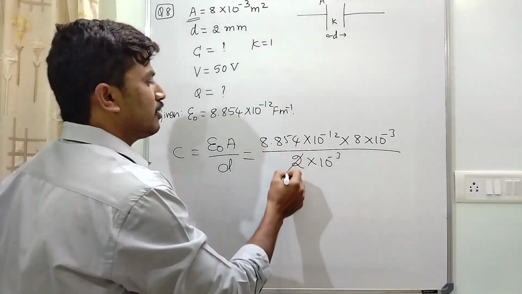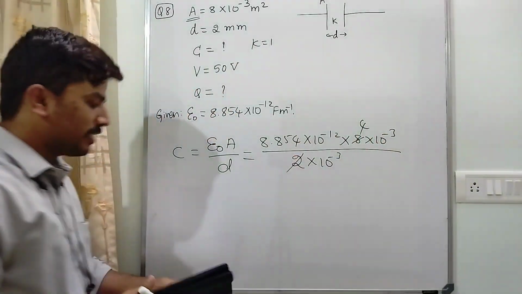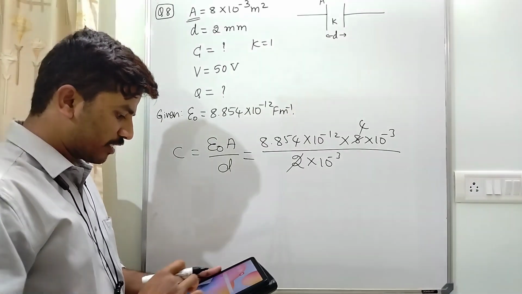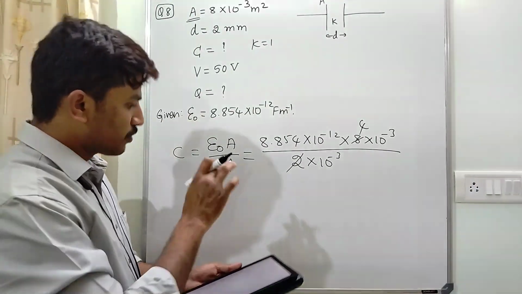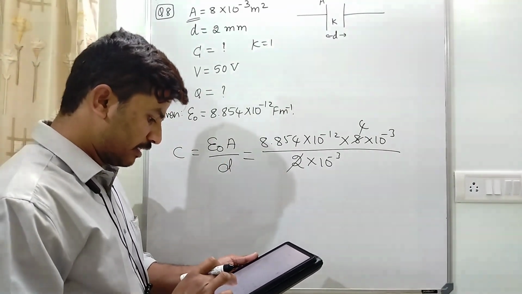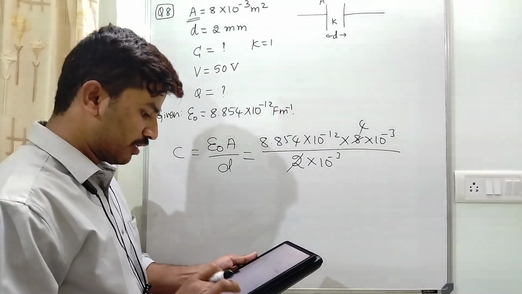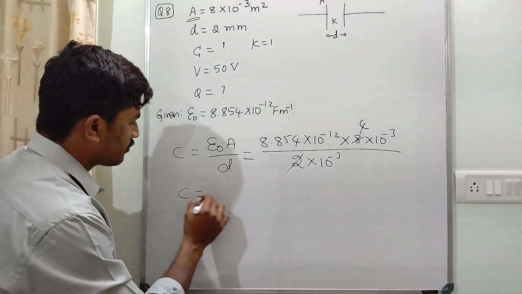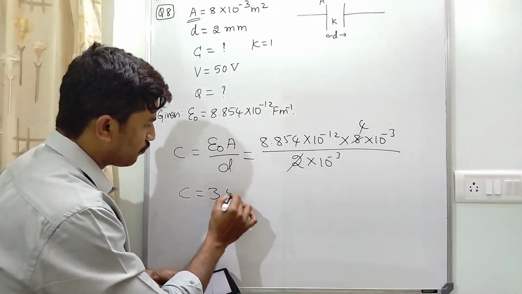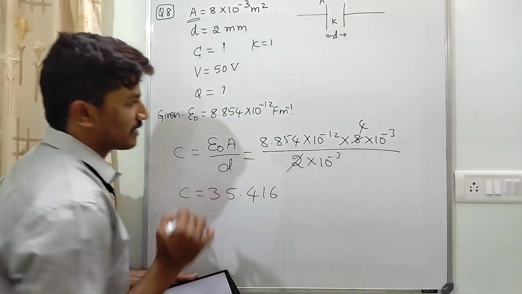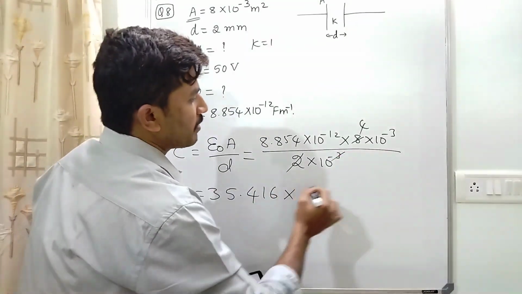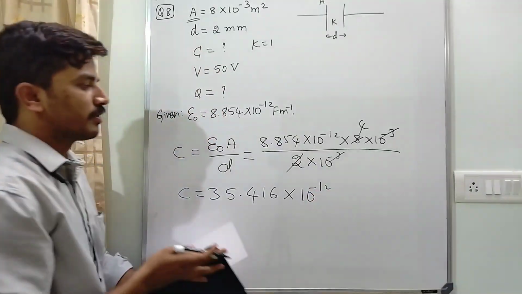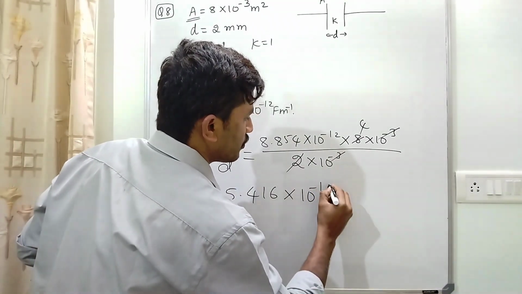Here we can cancel 2 and 4, and let me make use of the calculator so that we can directly solve it. 8.854 into 4, so C is equal to 35.416 into 10 to the power minus 12, as the 10 to the power minus 3 terms cancel out.